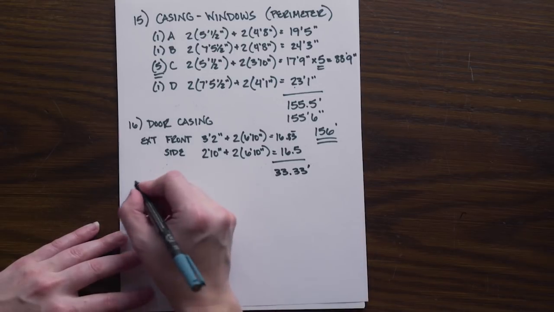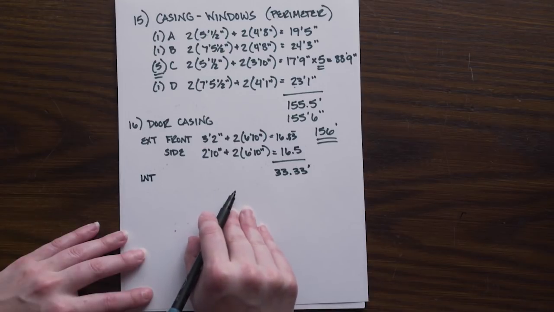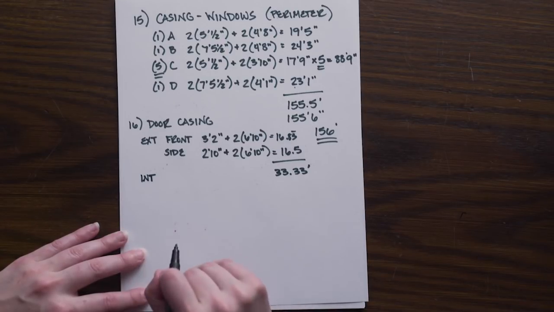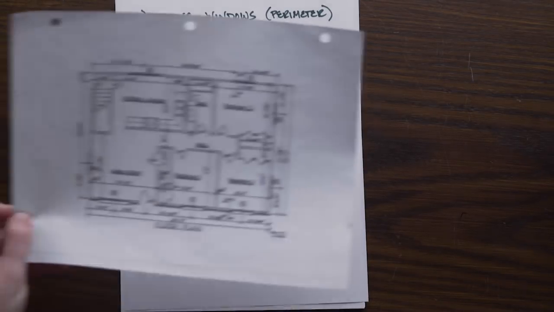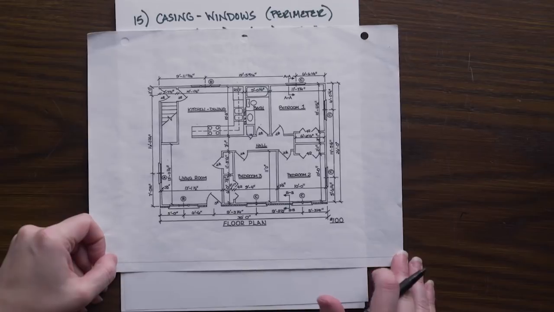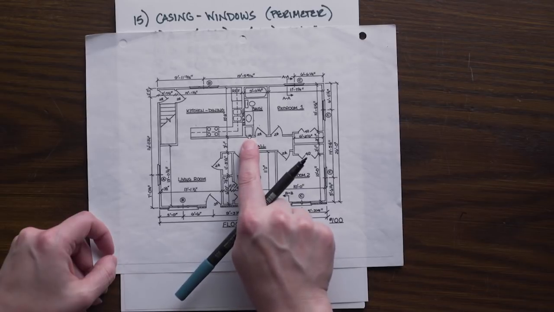Interior doors, again, we want to make sure that we account for all of them, and that if we have similar ones, then we can group those together. So if we look at our floor plan, we can see we have a 2 foot 8 door for our stairs. Our hall is 1 foot.